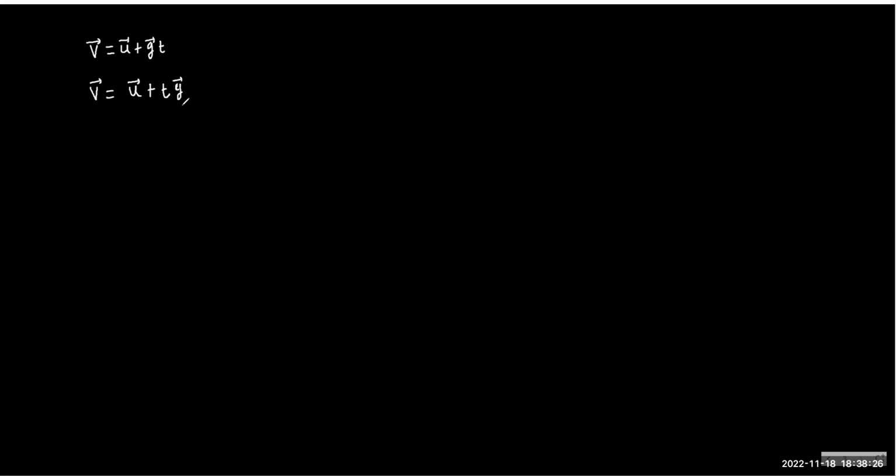So as T grows in value, the length of the vector will grow, but the direction will not change. So as T grows, what will happen? The vector length will increase, decrease or remain the same? Tell me.